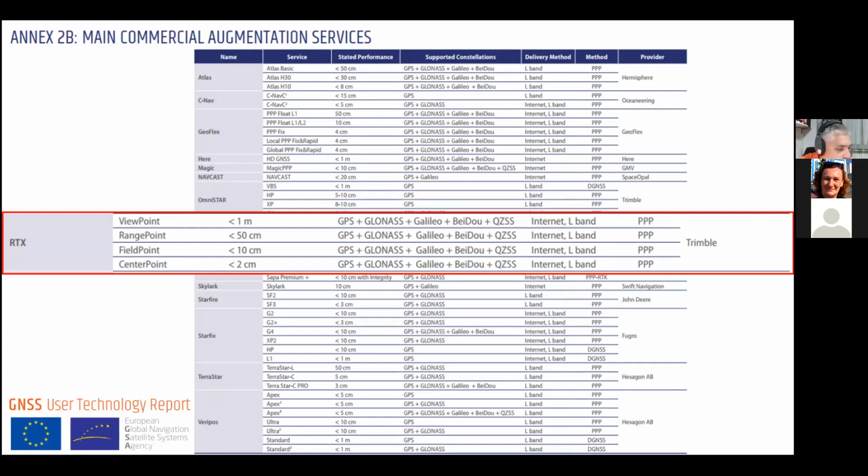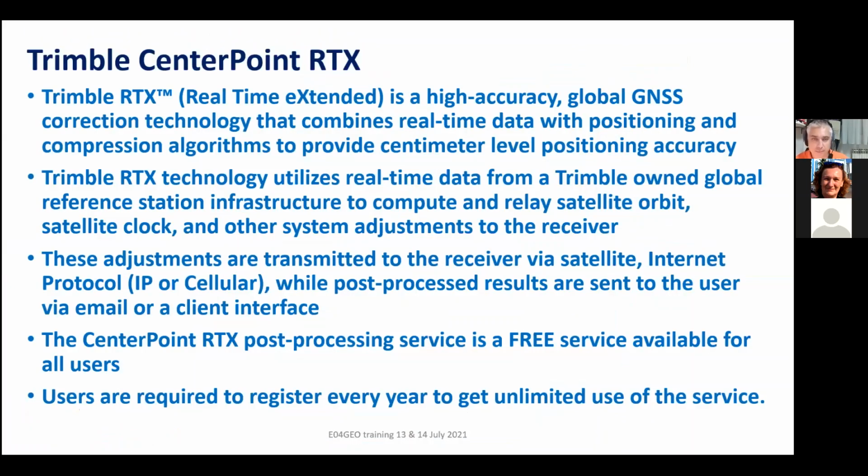This is the system that was not addressed yesterday, since QZSS is not a real global system. It is a much more regional one applied to the Asia Pacific region. And the delivery method is by internet or by L-band, emitted from usually geostationary satellites. But all those 4 services provide the solution using the PPP method.